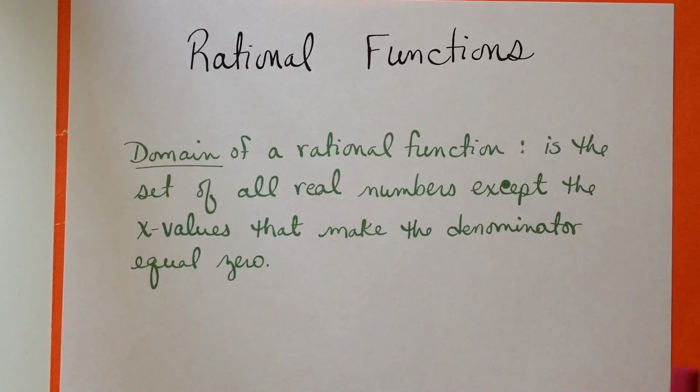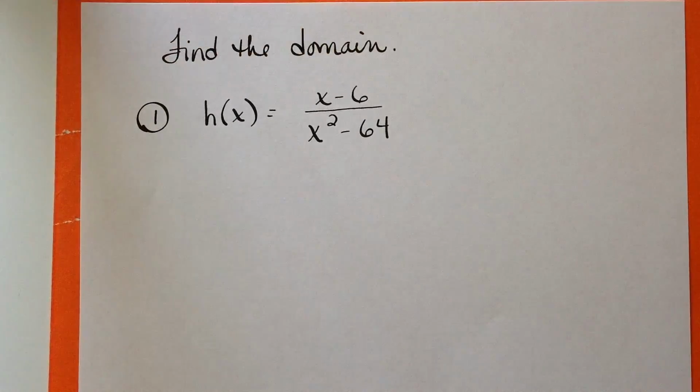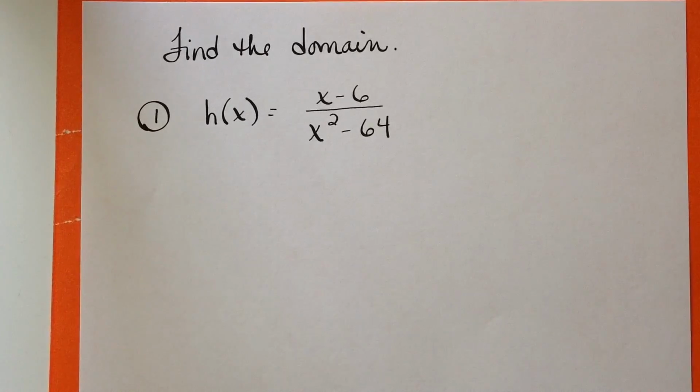Okay, so looking at a couple of examples with finding domain. Our first function here, we have h of x is equal to x minus 6 divided by x squared minus 64. All right, so we need to find out what causes our denominator to equal 0. A couple different ways you could do this.